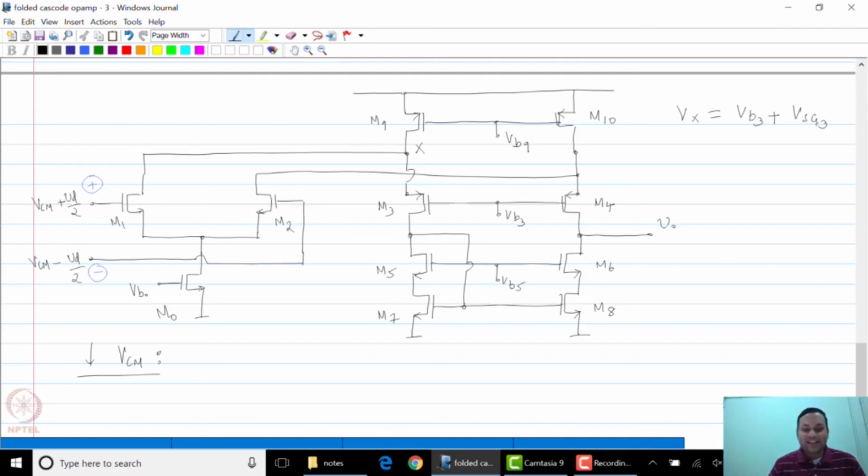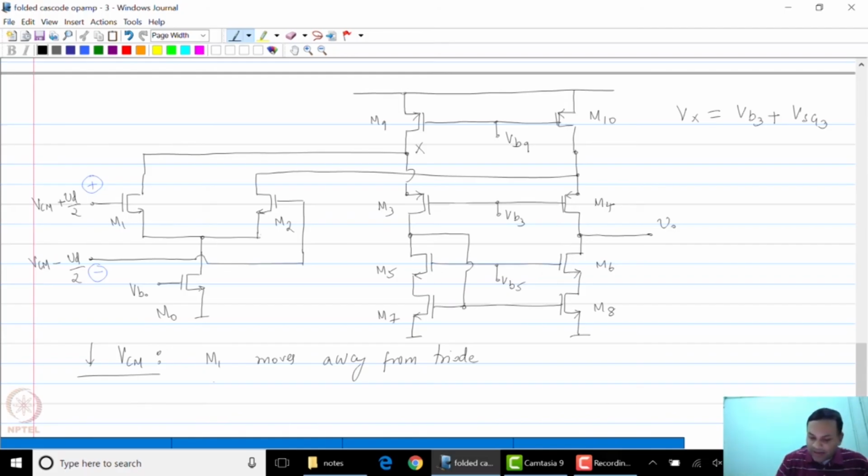Therefore, if you start decreasing VCM, all the other transistors are expected to remain in saturation till some transistor goes into triode or cutoff. Now, as you can see in this case, Vx stays constant, but VCM is decreasing. M1 moves away from triode, but it carries the same current.